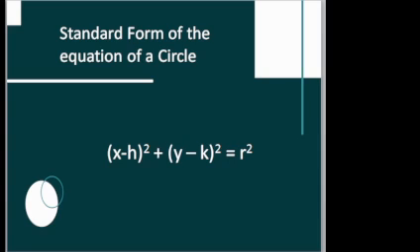The (h, k) there is the center, and the r there is the radius. So you have to take note of this standard form of the equation of a circle: (x minus h) squared plus (y minus k) squared equals r squared, where (h, k) is the center and r is the radius.